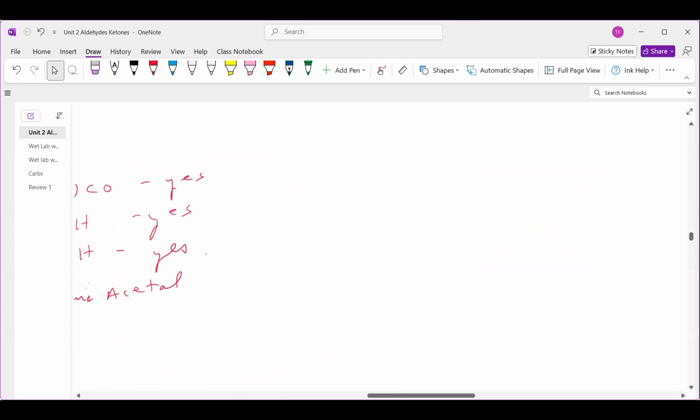Let's do another one. So OCO, and remember the carbon in the middle is the anomeric carbon. Okay, H present, OH present.